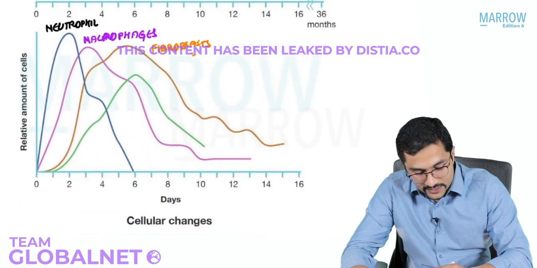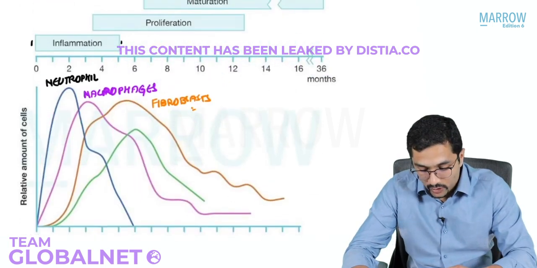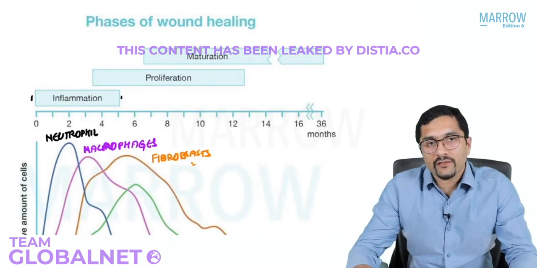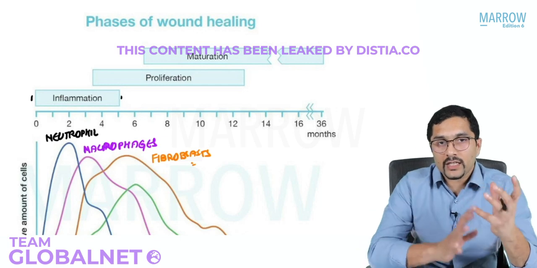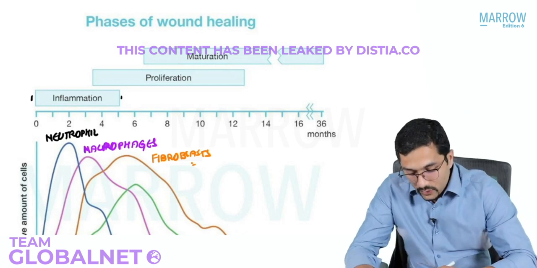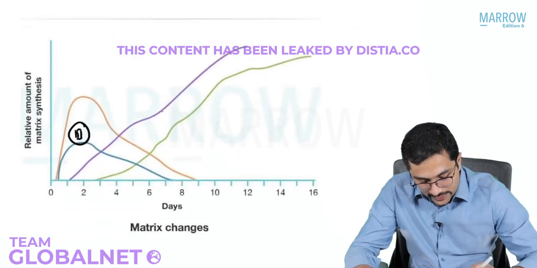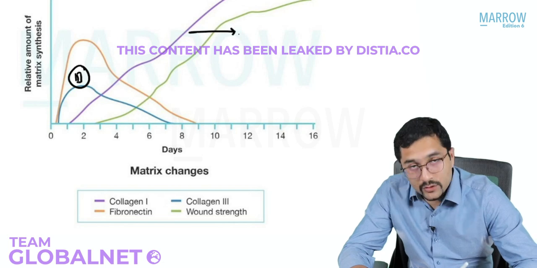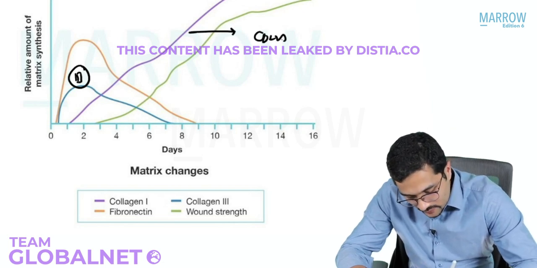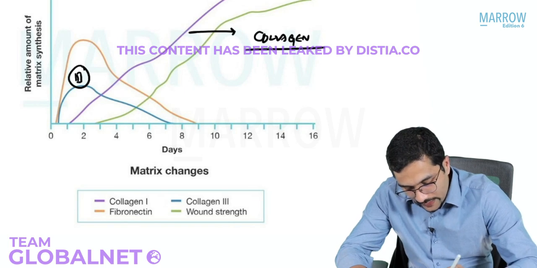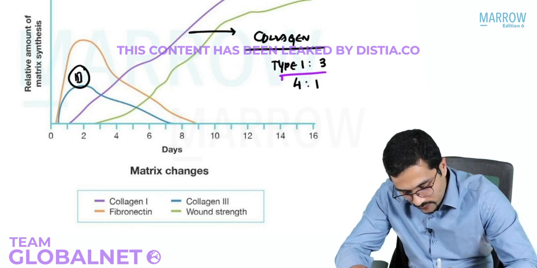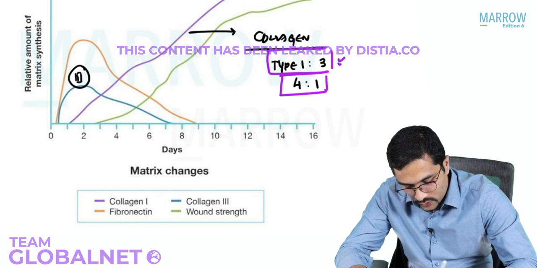So when the proliferative phase gets over, then the maturation phase starts, where there is reorganization of the collagen. In the maturation phase, collagen type 1 becomes the dominant collagen, and the collagen type 1 to type 3 ratio becomes 4:1. In a mature wound, the ratio of type 1 to type 3 collagen is 4:1.